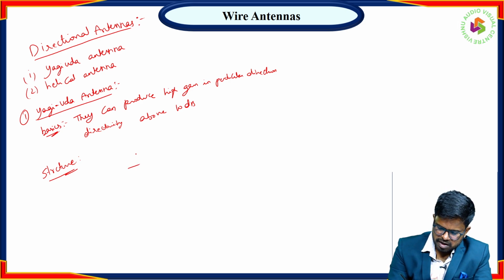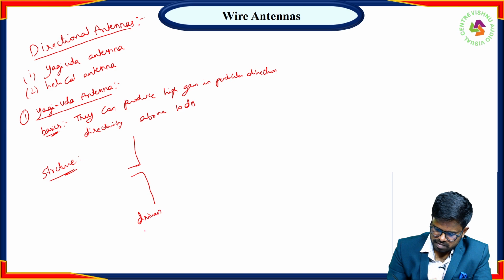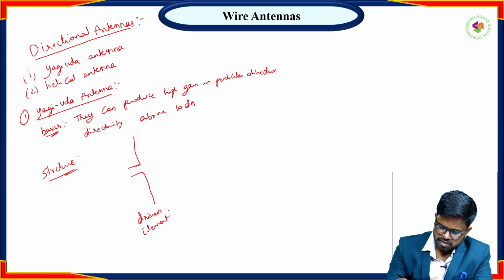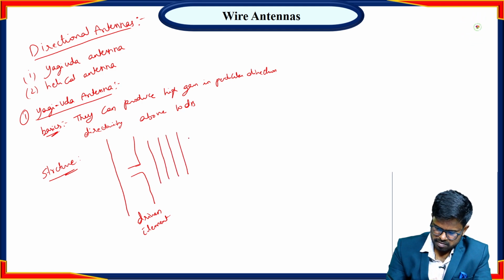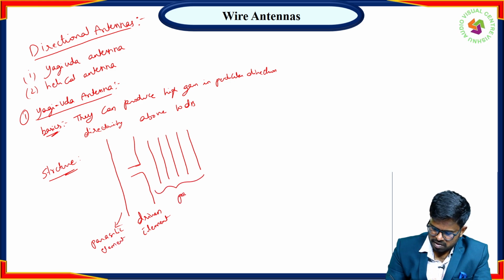First one is the driven element. Next, some parasitic elements. These all are parasitic elements. This is also parasitic. First of all, what is driven, what is parasitic?